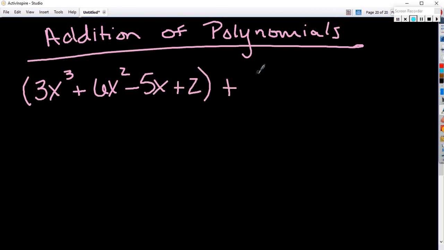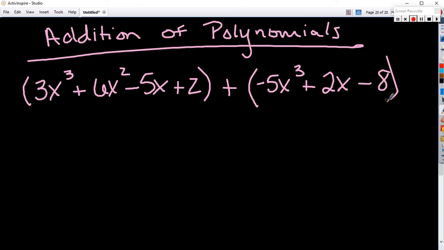And I want to add to that negative 5x cubed plus 2x minus 8. What do you think you need to do? Combine like terms. That's all you have to do here.